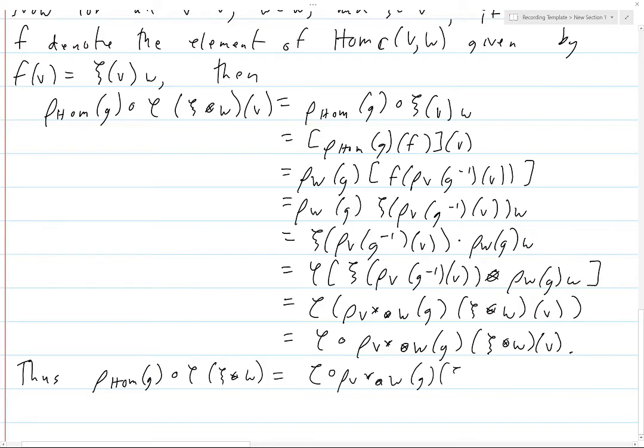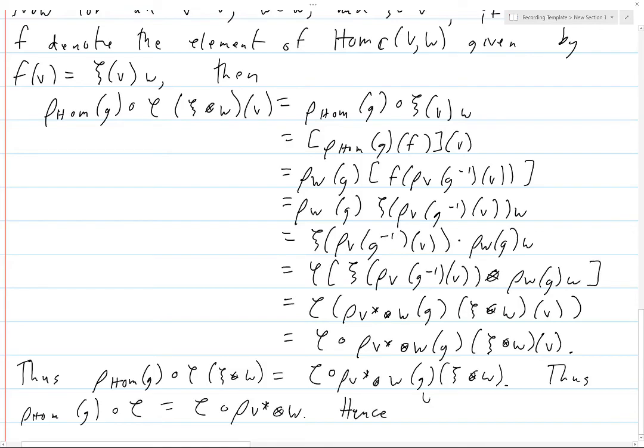And since this holds for all xi and all W, we know that rho hom of G composed with phi equals phi composed with rho V star tensor W. And hence phi is G intertwining, because that's exactly what you need to check.